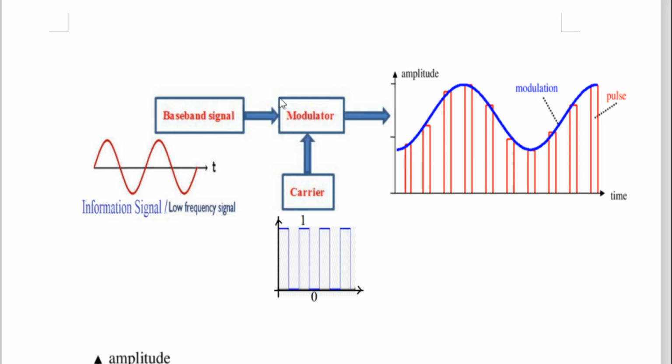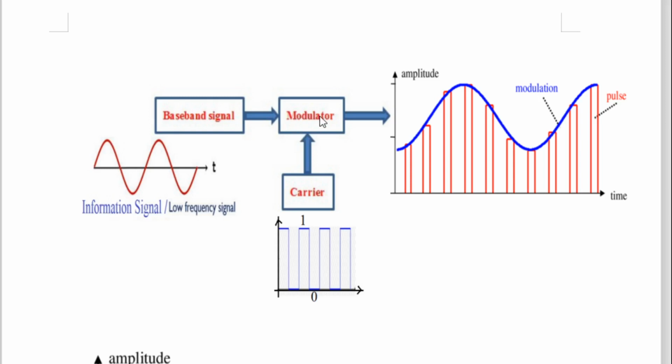This modulator has two inputs: the information signal, also called the baseband signal or modulating signal, so three names. The output of the modulator is called the modulated output.